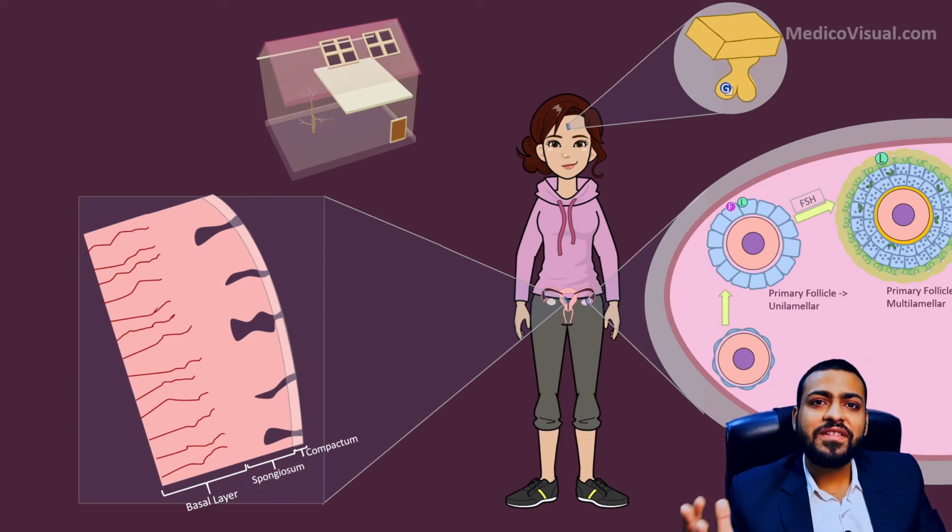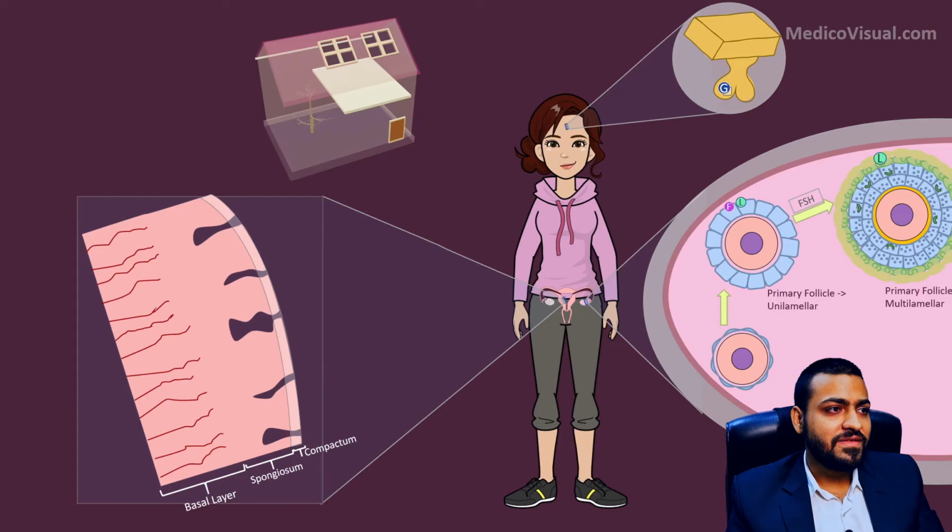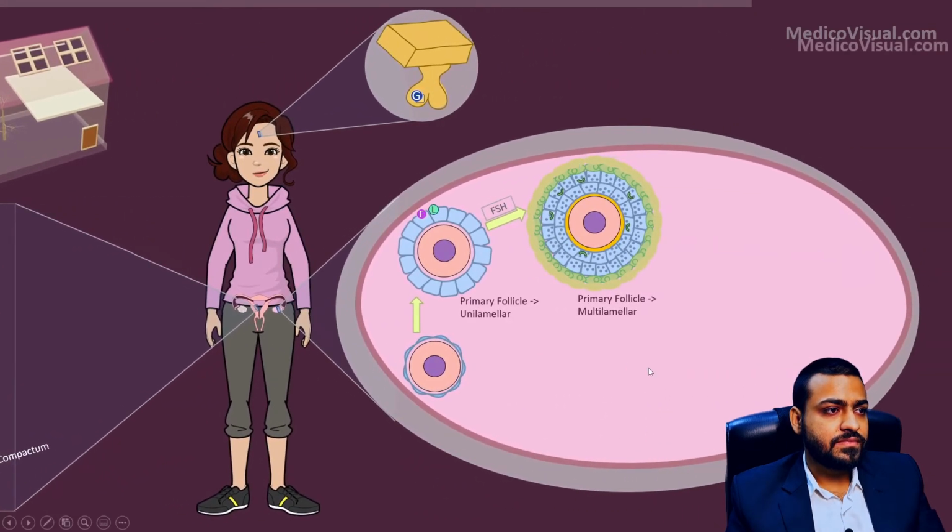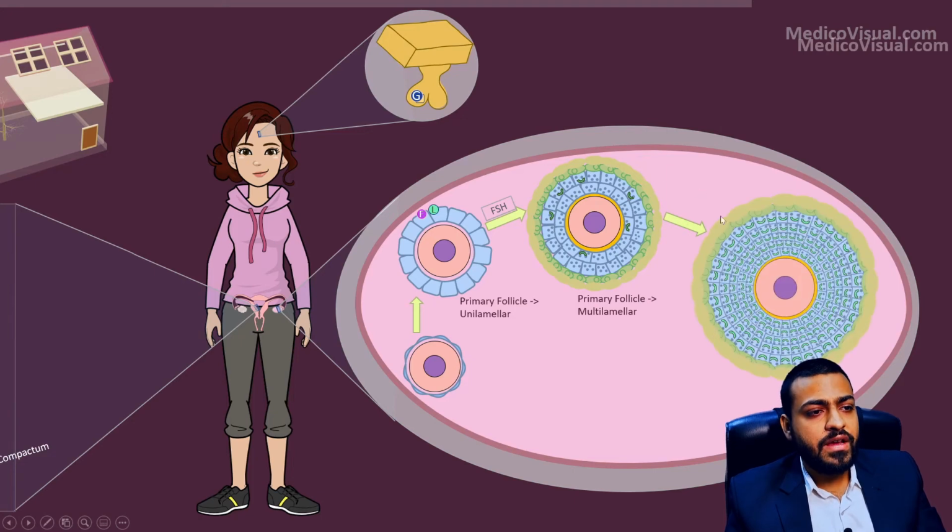If pregnancy occurs, then the baby will come into these layers and grow in these layers, right? Then again, on the orders of FSH and LH, the follicle continues to grow, and it forms many more layers, 8 to 10 layers may be formed, right?